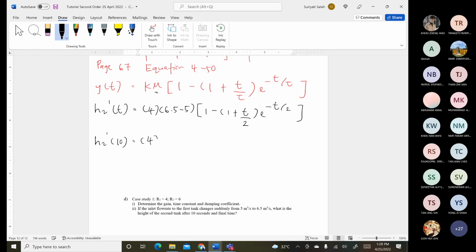So 6.5 minus 5 is 1.5, times 1 minus (1 plus 10 over 2) times exponent negative 10 over 2. So we already substitute the value. Then of course you can straight away calculate the right hand side. So please calculate it for me.